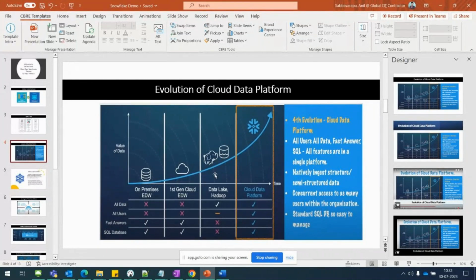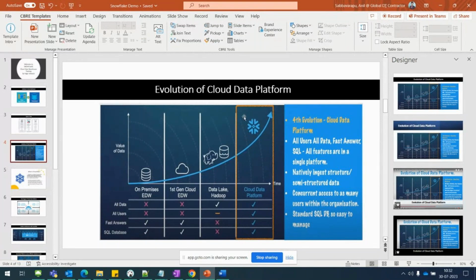So to solve all these issues, we have moved to the next generation cloud data platforms, and Snowflake is at the top of the market at this moment, right? It serves all users, all data, with fast answers. And if you just know SQL, that's enough.